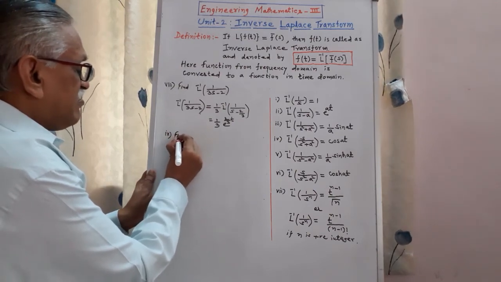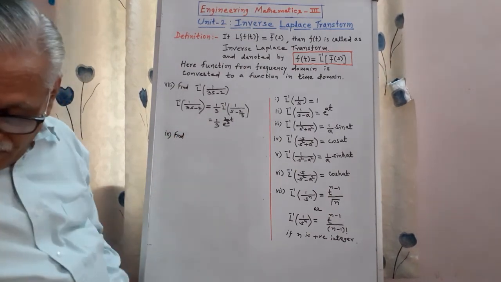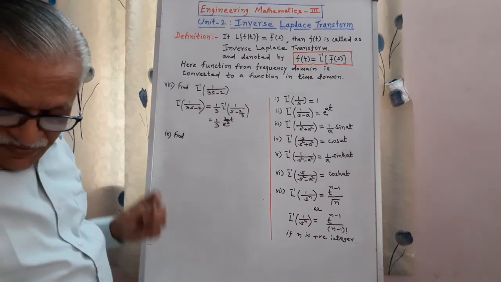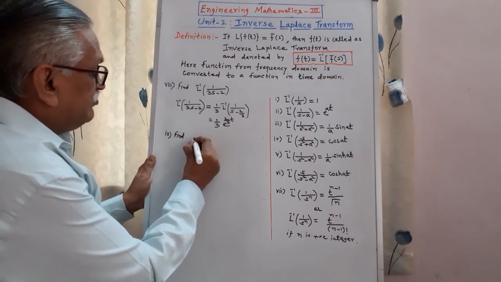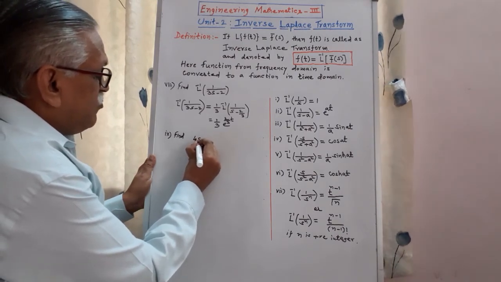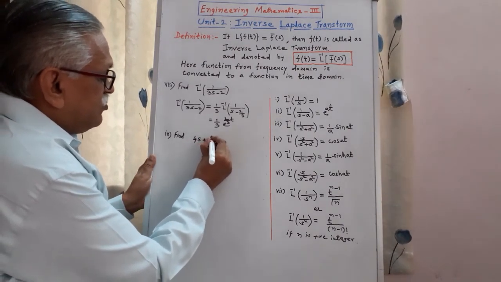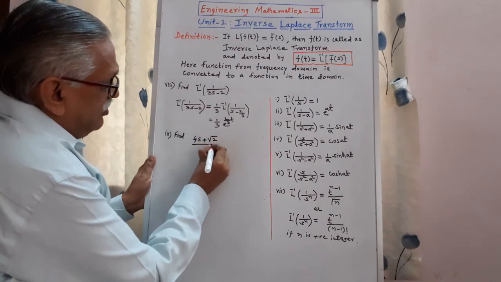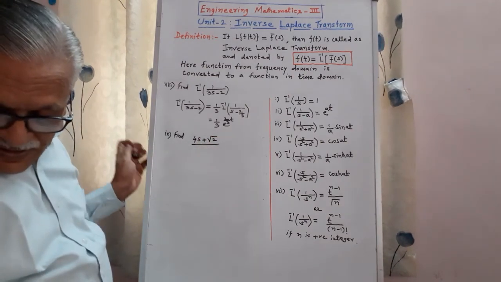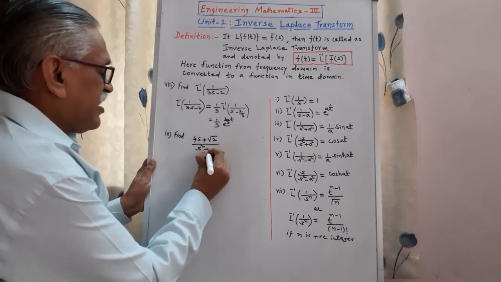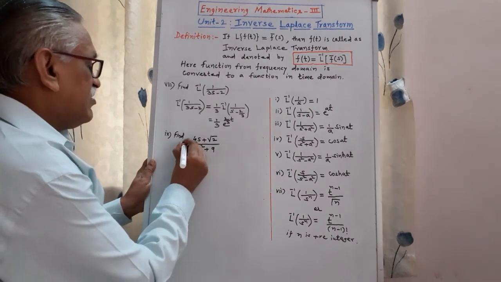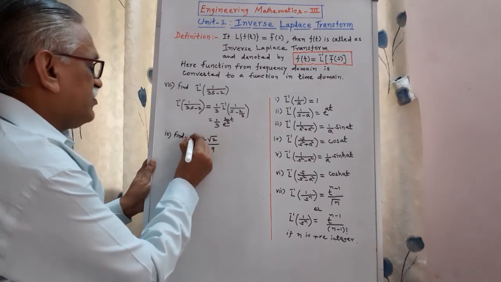Find inverse Laplace of 4s plus root 2 divided by s square plus 9. Find inverse of this.